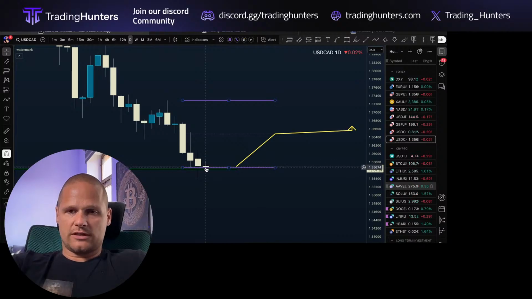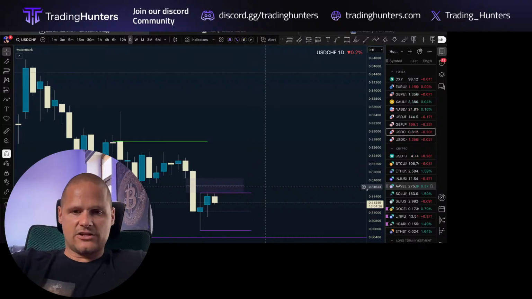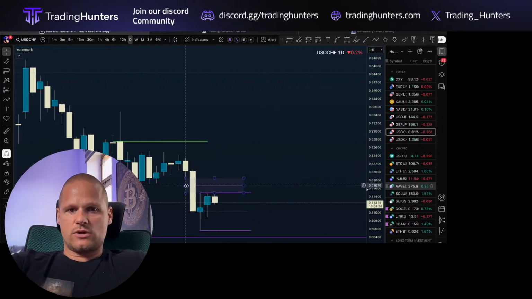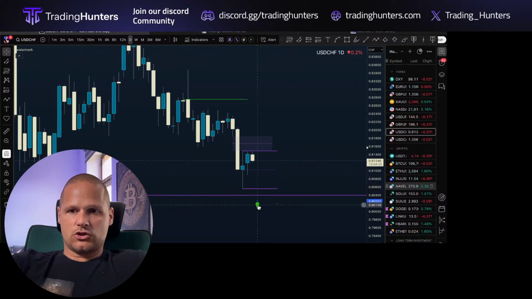You want to be shorting something like this, when you have a clear downtrend but you're taking out the daily, Friday's range or the Monday's range into a key level, and you have a clear draw on liquidity. So nothing on the USD CAD.